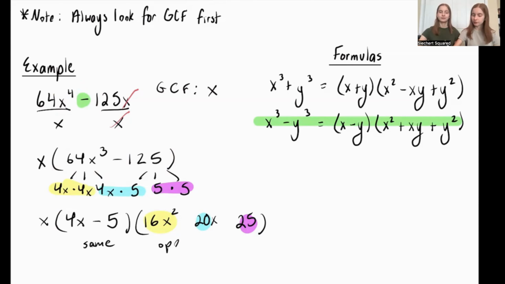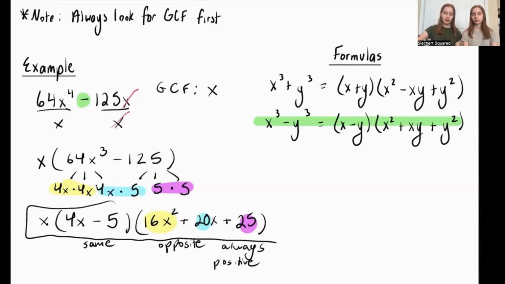This slot right here is going to be our opposites. Because it's subtracting, opposite of that is adding. And the last spot is always positive. Every single time, regardless of if it's a sum or a difference of cubes that you start with. And from there, that's going to end up being your finished answer. Just make sure that you're keeping your GCF in the front, and then you're all good.